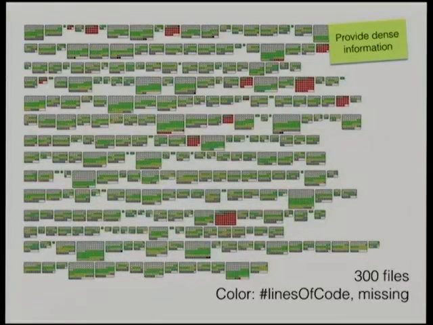The human brain is very triggered by color, and immediately notices the red blocks, which are the files we had missing from this system. So that's an easy way to show where you find problems.